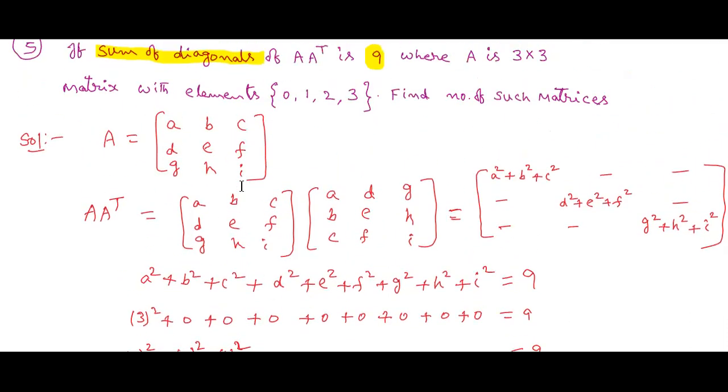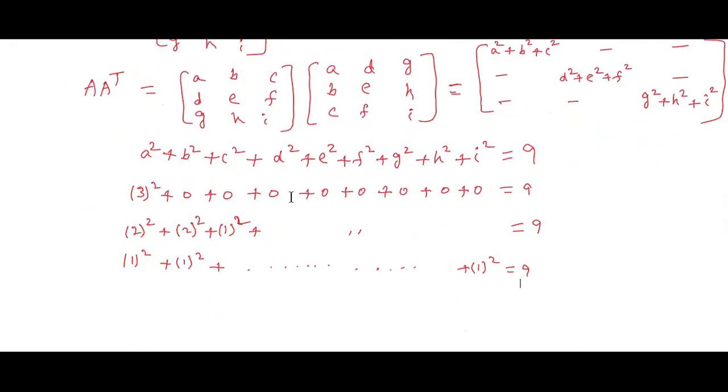What are they asking here? How many such matrices are possible? If one of the elements is 3 and the other elements are 0, the total 9 elements can be arranged in 9 factorial divided by 8 factorial for the 8 zeros. The second one is 9 factorial divided by 2 factorial for the 2's, 6 factorial for the zeros. The third one, all 1's only, 9 factorial by 9 factorial, which is equal to 1.